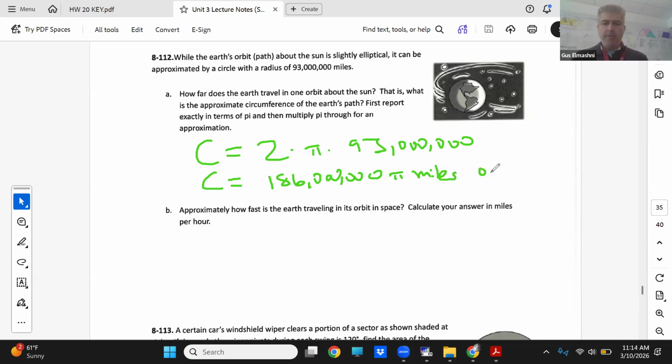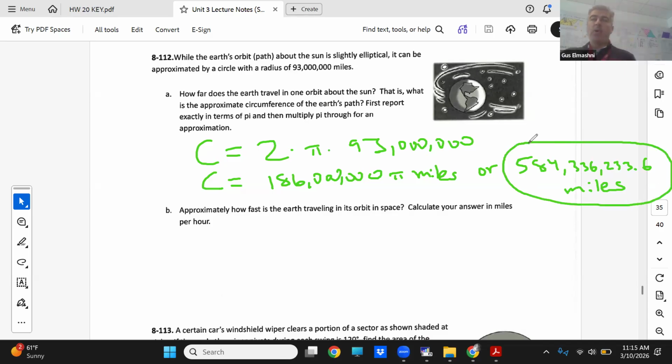Or if I approximate it, 186 million times 3.14159, you get 584,336,233.6 miles. So it's nearly 600 million miles. Oh, sorry, the orbit. The orbit's nearly 600 million miles.